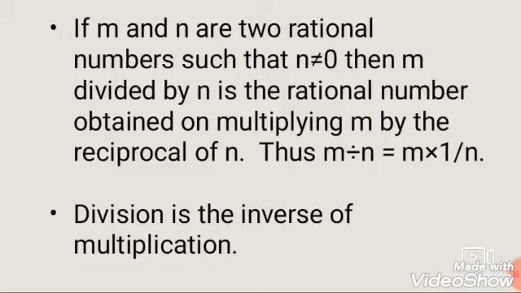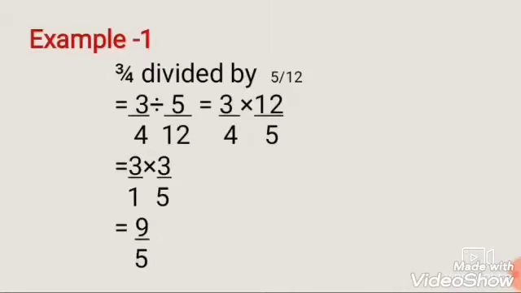Okay. Next we move on to the next condition. Division is the inverse of multiplication. Let me see with an example. In this example, it's given that 3 by 4 is divided by 5 by 12. We already know that we want to consider n's reciprocal.